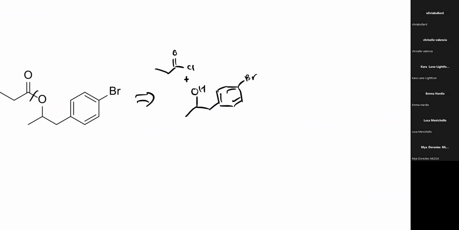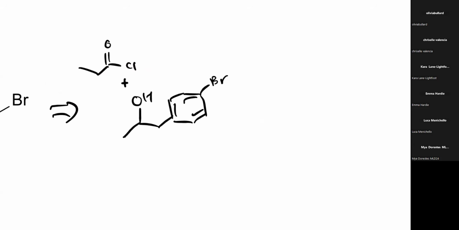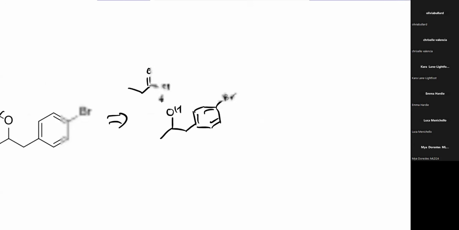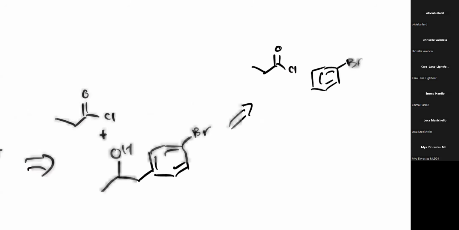So there's, again, a couple different ways you can do this. One idea, you could potentially do something like this, where you had this bromine to do that. Whatever Lewis acid, right?